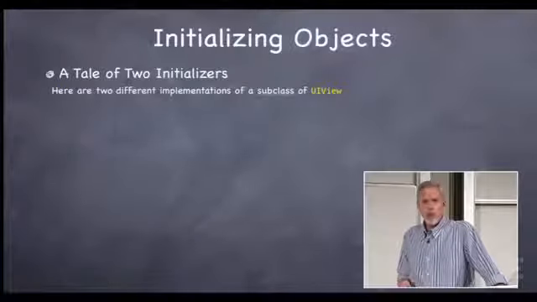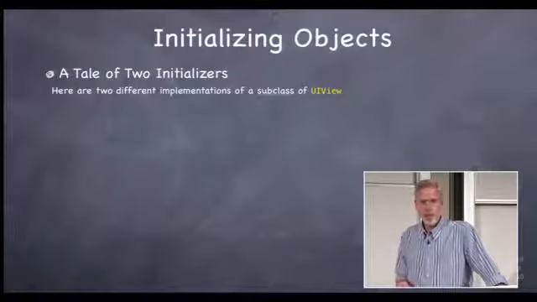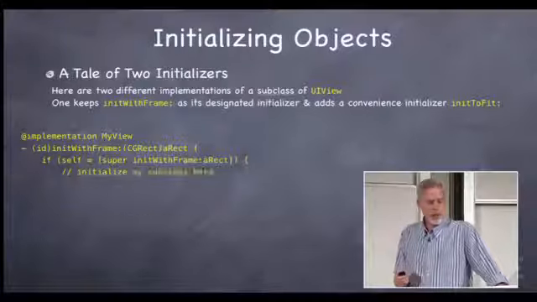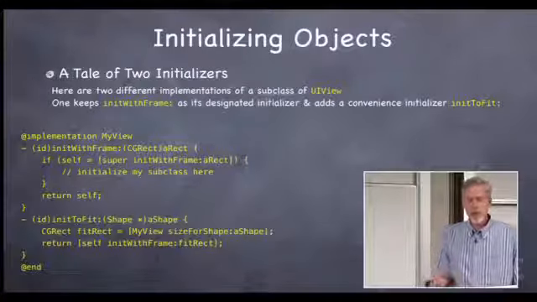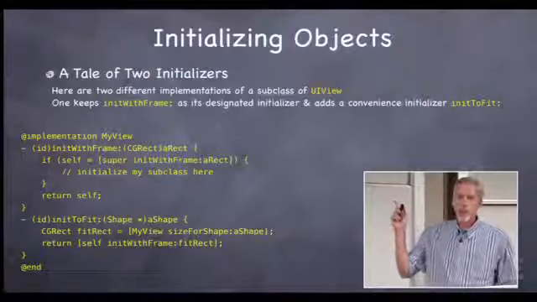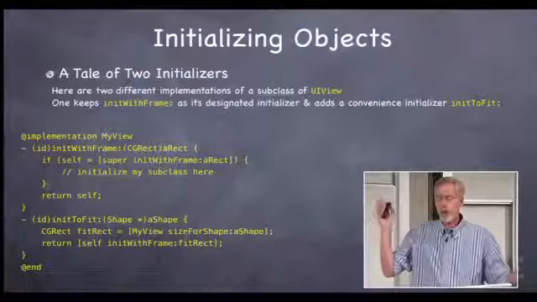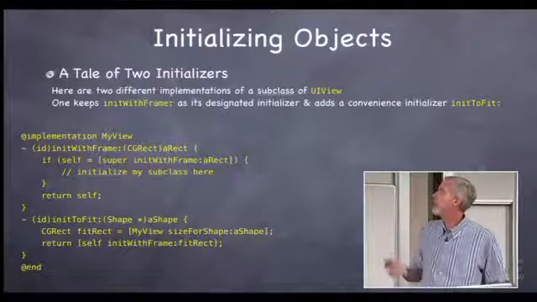I'm going to go through this pretty quick because we need time for the demo. But here's two implementations of a subclass of UIView. Okay? One is going to keep initWithFrame as its designated initializer, and it adds a convenience method, initToFit. So this view takes some class Shape star, which I'm not showing you what it is, it's just some made up class.